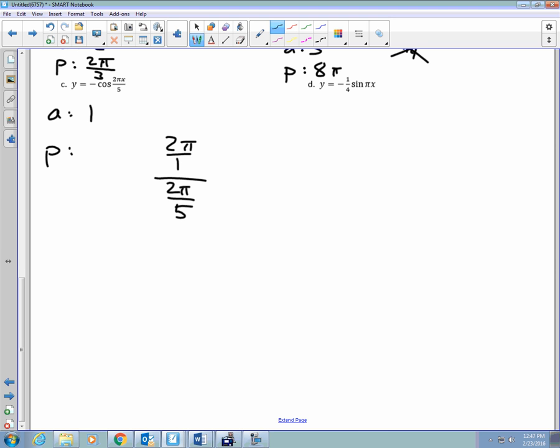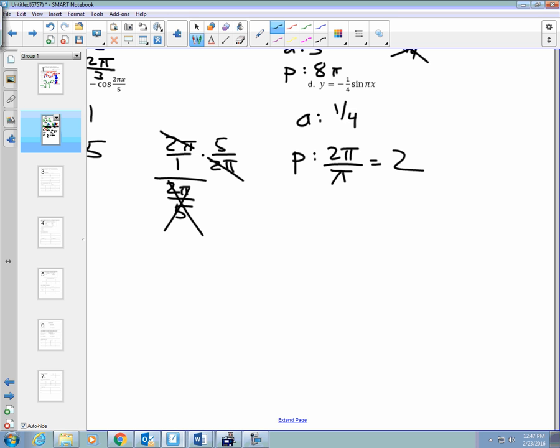Multiply by the amplitude. Period is 2 pi divided by pi, which is 2. Good.